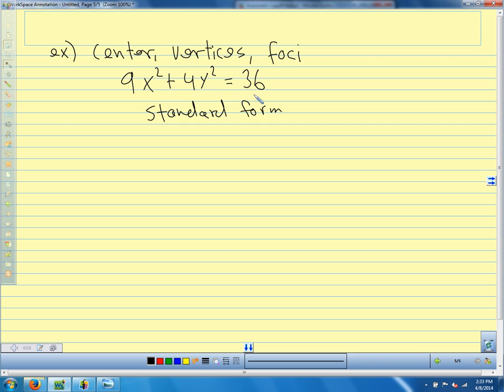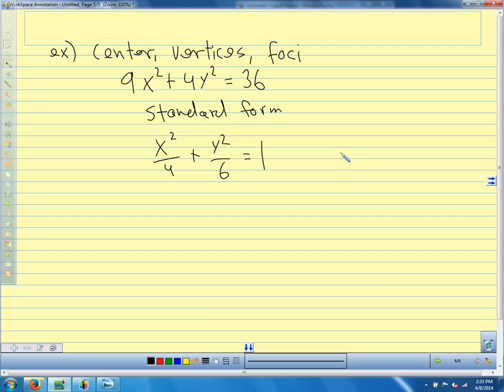So divide everything by 36, and I get x squared over 4 plus y squared over 9 equals 1. So there's my standard form. And now we can pick out our information. Where is the center of this ellipse?